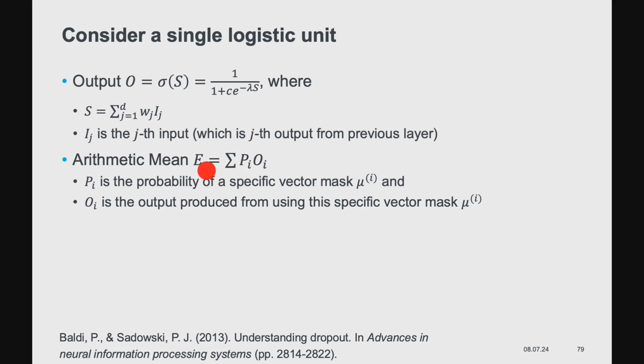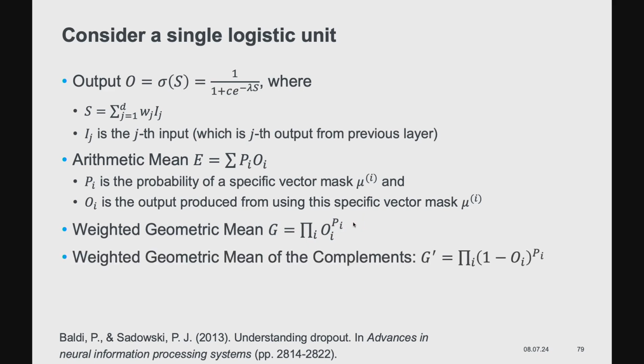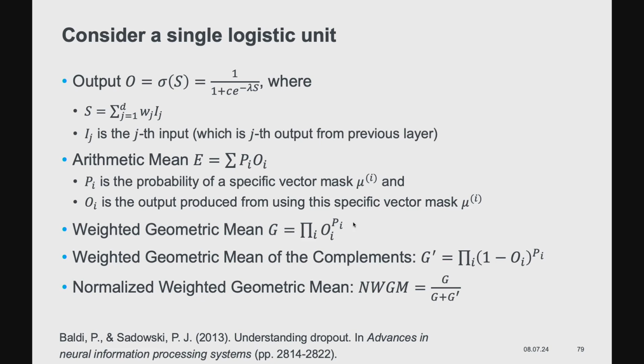The arithmetic mean is just summing with the probabilities over the different values. And the geometric mean is just taking the outputs from the previous layer to the power of this p, depending on how often it occurs.